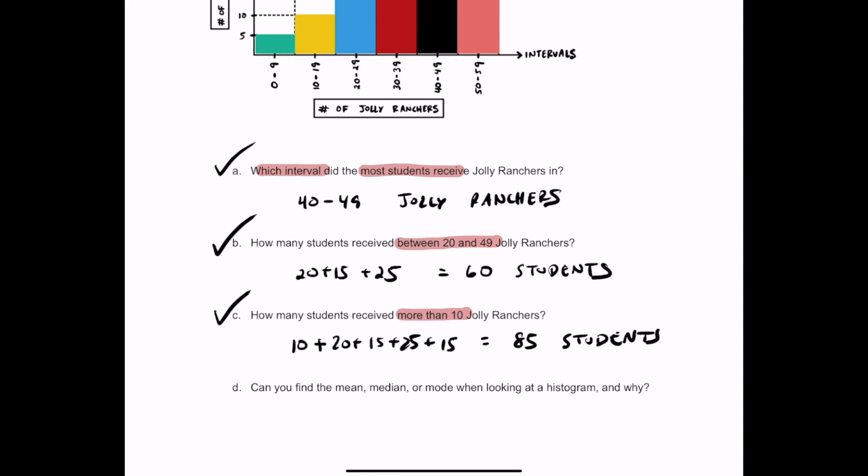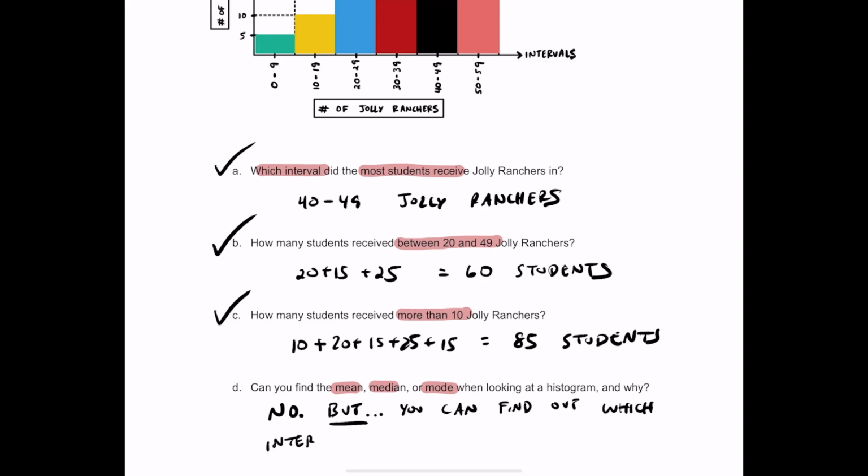We talked a little bit about this in the last one. Can you find any of these specifically? The short answer is no, because we don't know any of the specific values. However, if you were asked which interval, you can find that out.